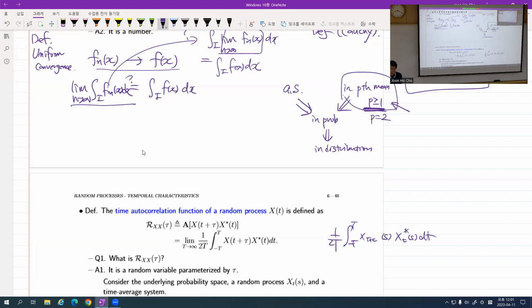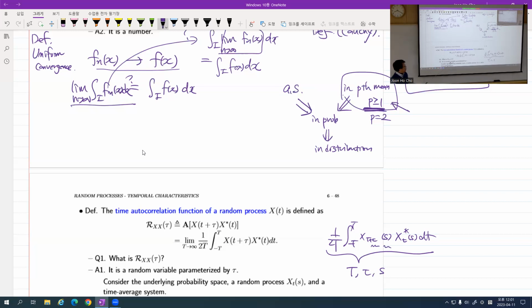Am I right? So using measure-theoretic notation, this integral divided by 2T had better be written in this way. Now you integrate with respect to t, and everybody will agree that this is parameterized by capital T, tau, and s, right?